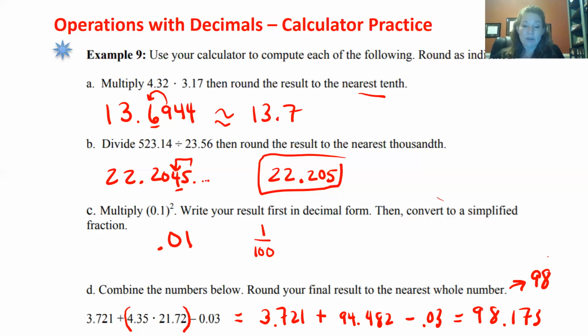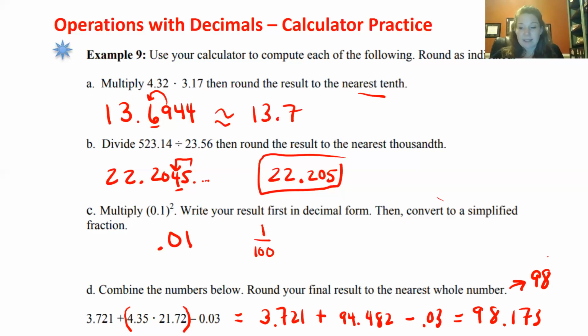Now, just to show you, if I use this calculator, I put in that whole thing exactly the way it's written, plus 4.35 times 21.72 minus 0.03. It goes straight to the right answer. It performs order of operation on its own.